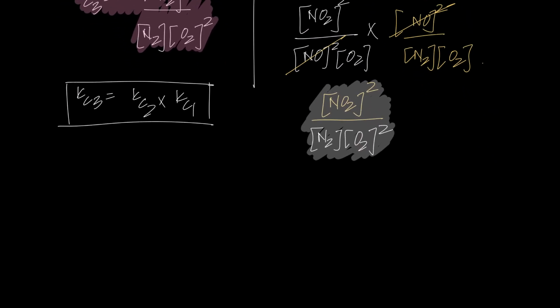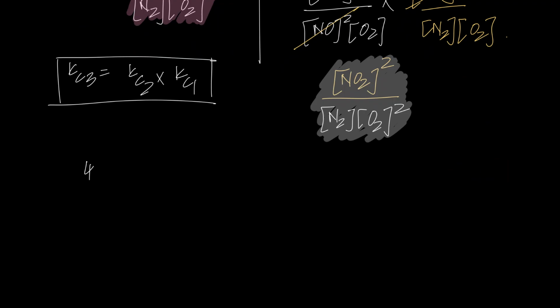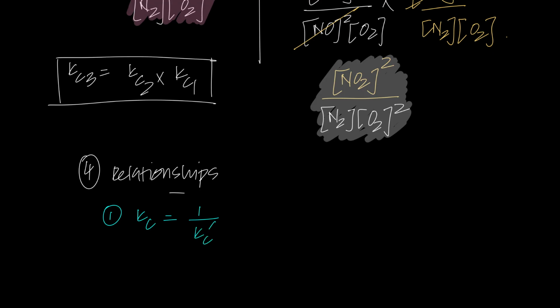So effectively, we've studied 4 relationships, and these relationships are only to be used in complicated questions if you're not given data, or if you're short on time and could use them in MCQs. Number one, if you're given a Kc and you want the Kc for the reverse reaction, it'll just be the reciprocal, the flip of the first Kc.